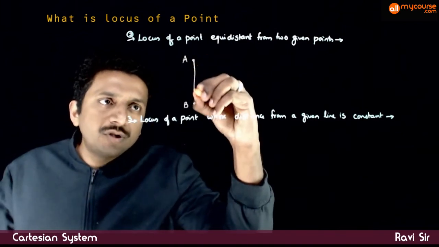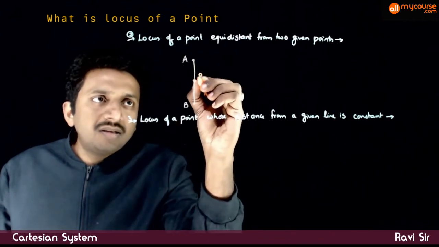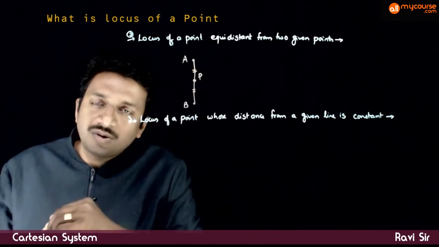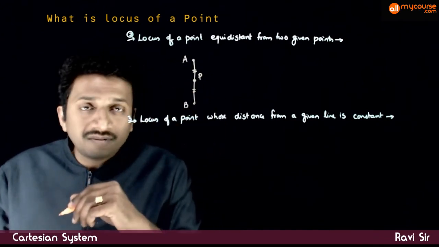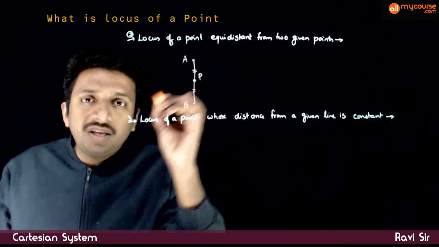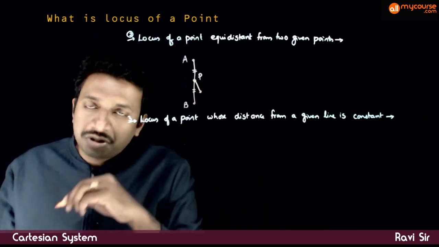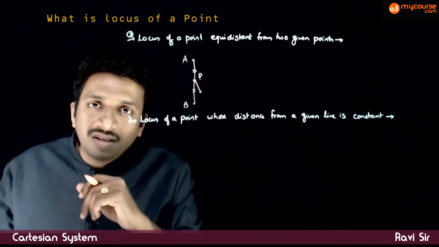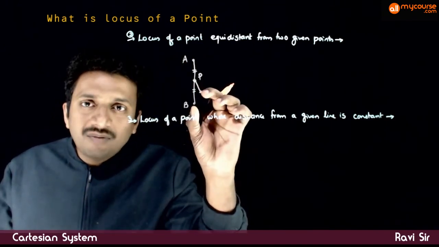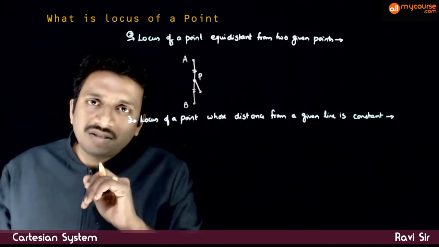Obviously, if you join A and B, the midpoint of AB is equidistant from these 2 points. Now let us start from here. Now, what is the direction in which this P can move? So if P moves in this direction, obviously it is going closer to B than to A. So the distance from B will be lesser than the distance from A. So P won't be equidistant from A and B.